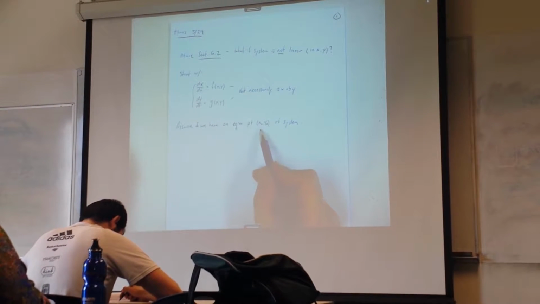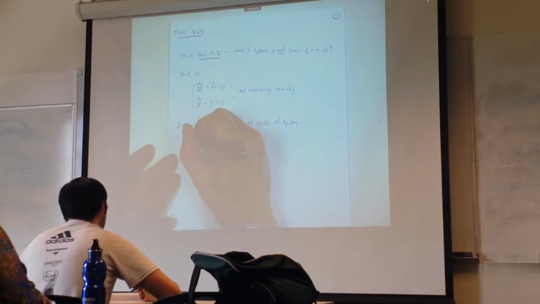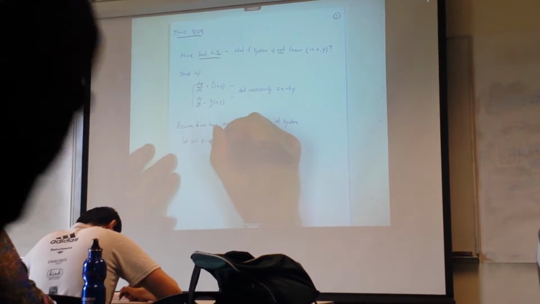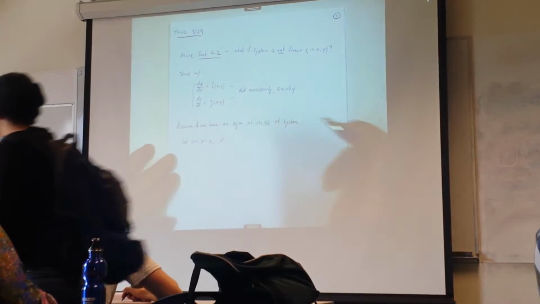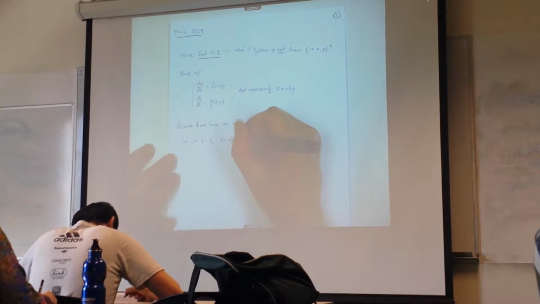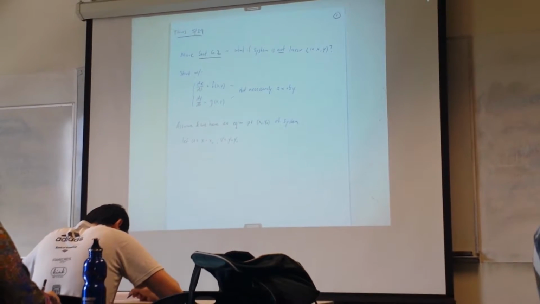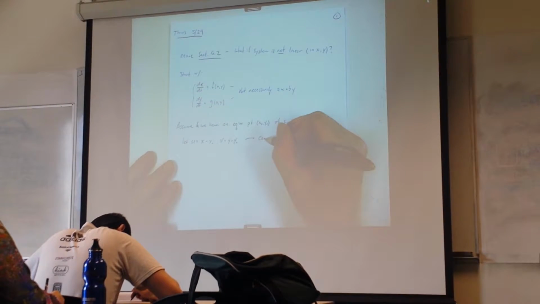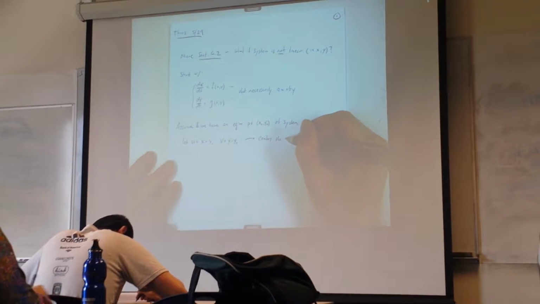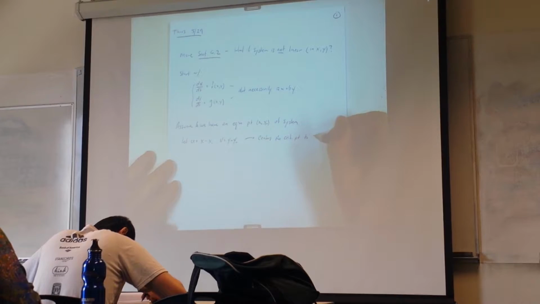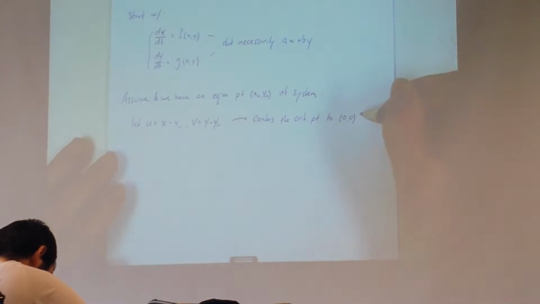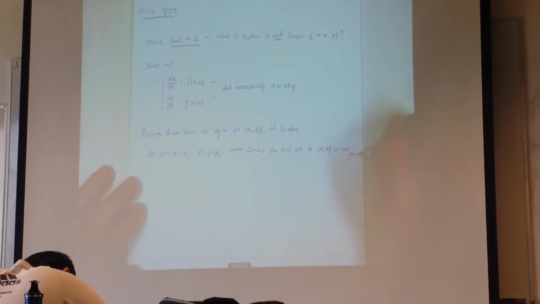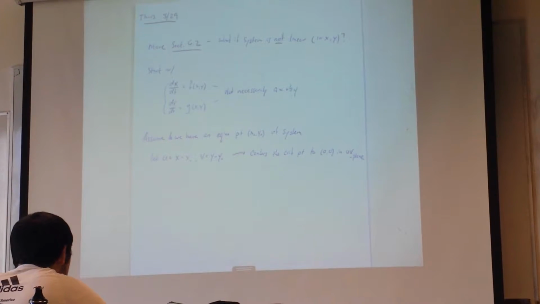I can shift this by introducing the substitution u equals x minus x naught, and v equals y minus y naught. That would be a linear shift. That still doesn't make the equations linear, but it centers the critical point at 0, 0 in what I'm calling the UV plane. It's a transformation.